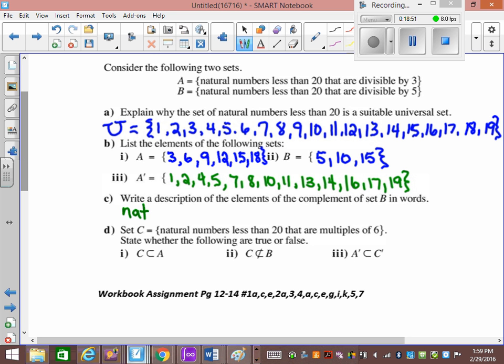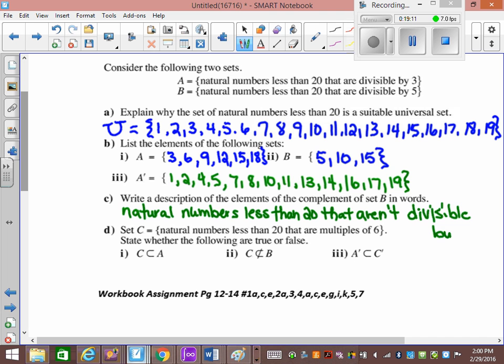The natural numbers less than 20 that aren't divisible by 5.